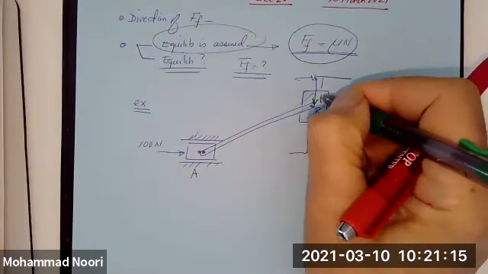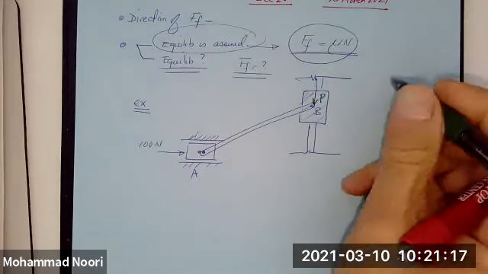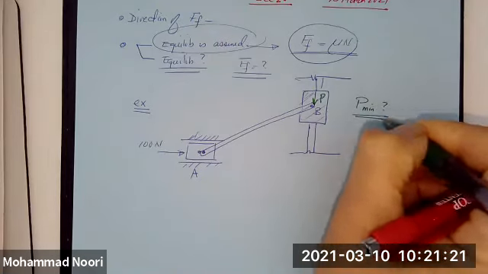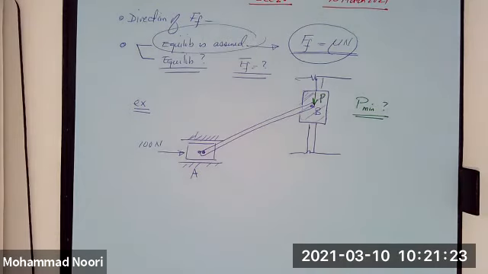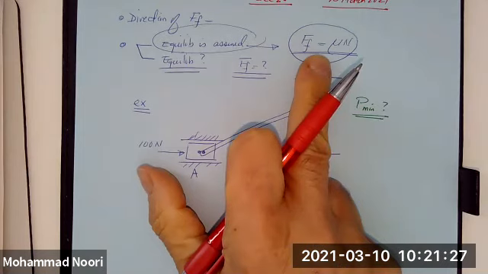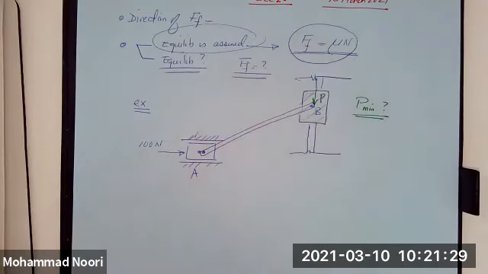So we apply this force P downward, and we want to know the minimum P required to keep this from moving up. Listen to the way that I stated the problem. We do not want this to move up. We want to keep it where it is.